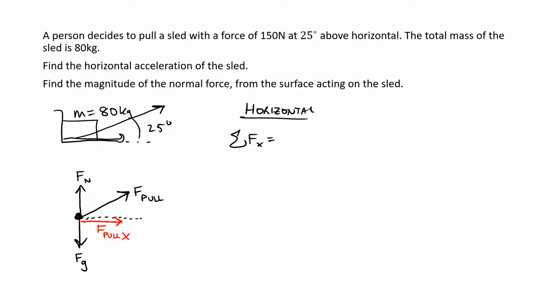And eventually, we're going to need that vertical component as well. So this blue vector right here is y. This is pull y. Let me just make this F sub P, so I don't have to spell it out.